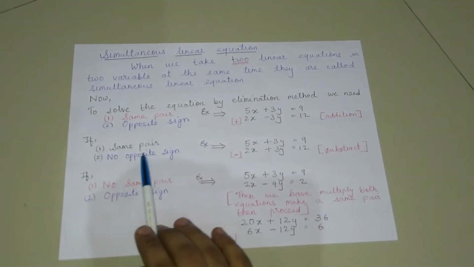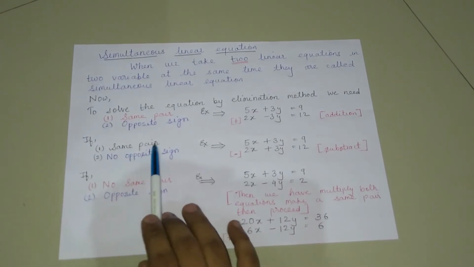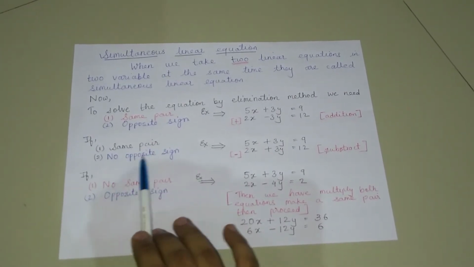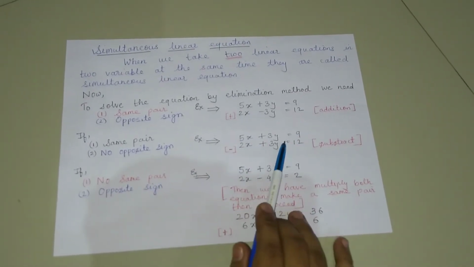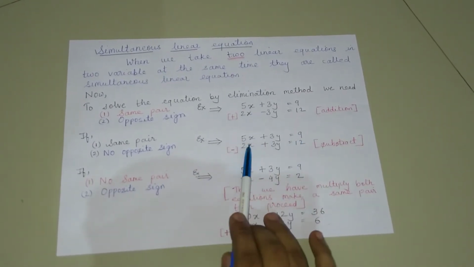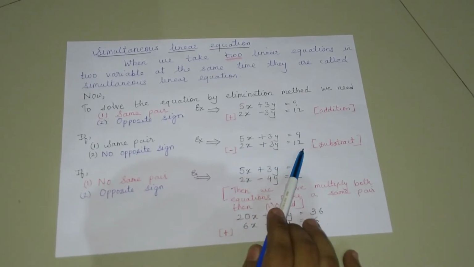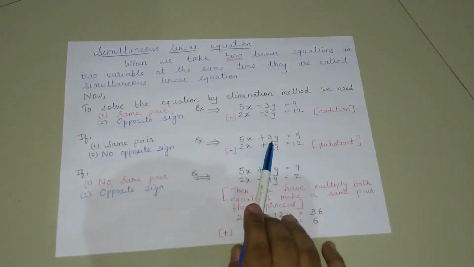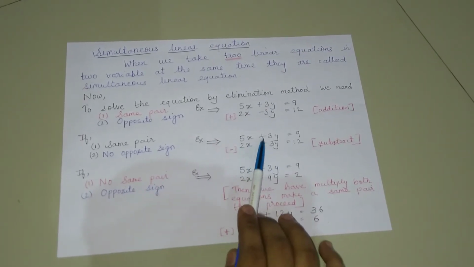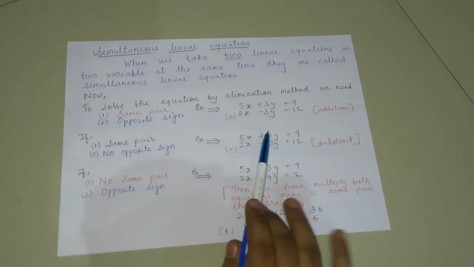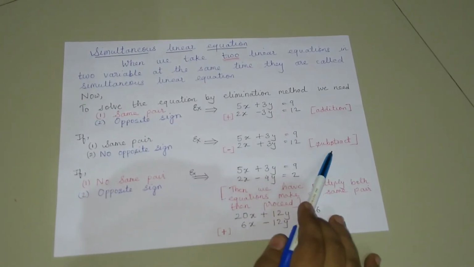If we have the same pair but no opposite signs, that is, 5x plus 3y equals 9 and 2x plus 3y equals 12, here we have the same pair but we don't have opposite signs. Both signs are the same. So at this point we will subtract.